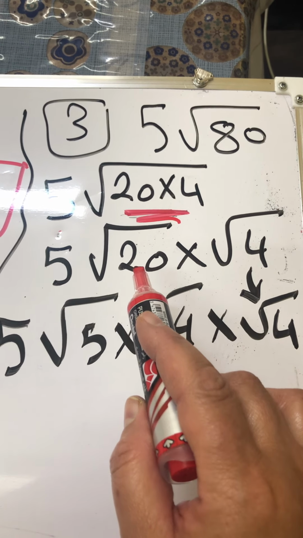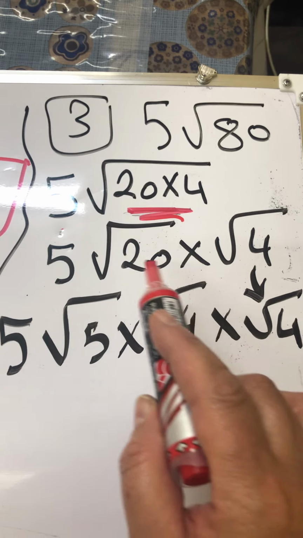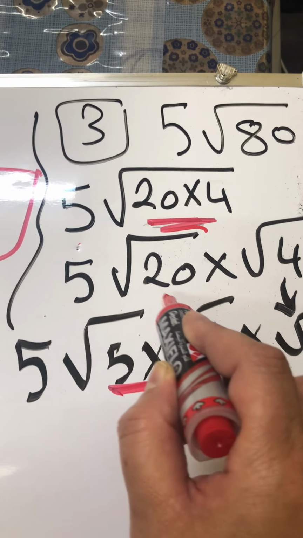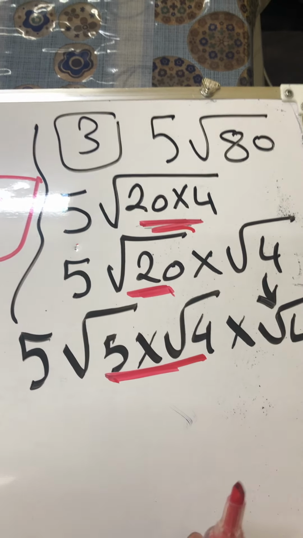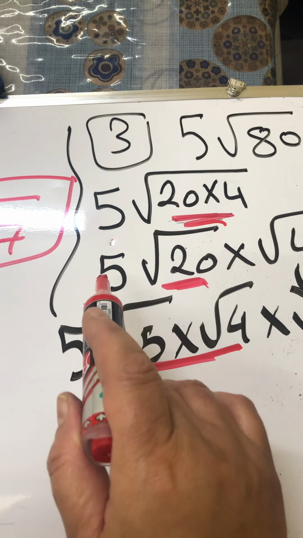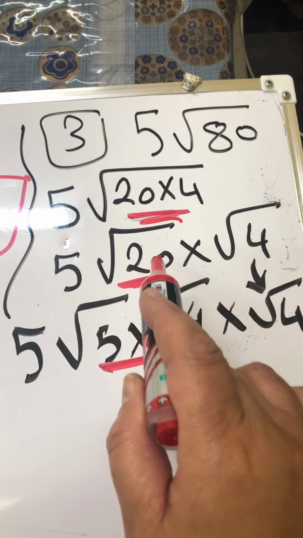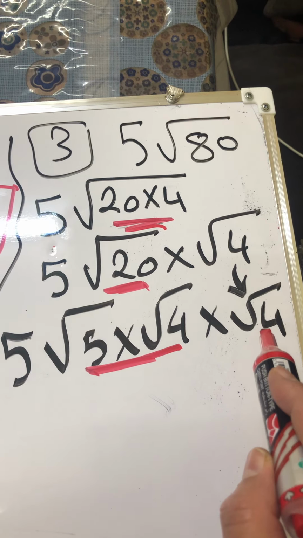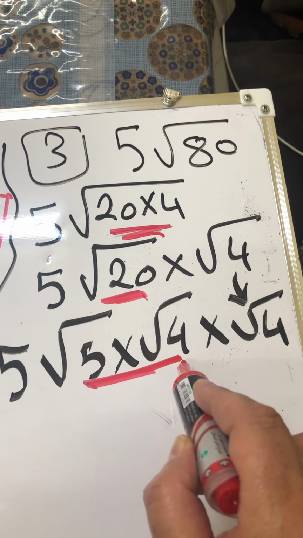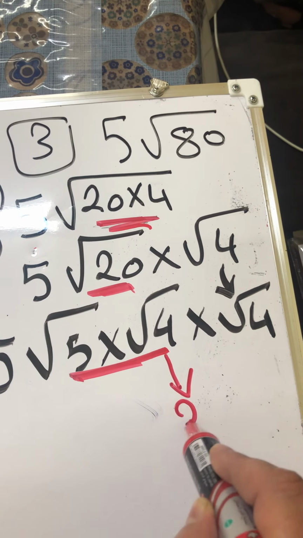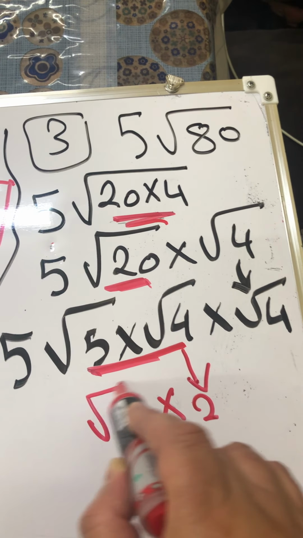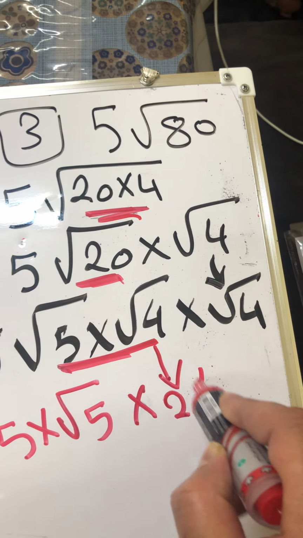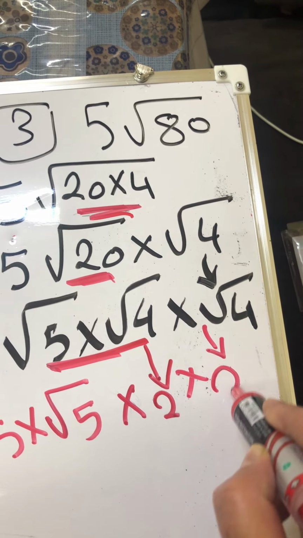And the 20, change it into 5 times 4. Now, the answer of this square root of 4 is 2, multiply by square root of 5, multiply by 5, multiply by 2.